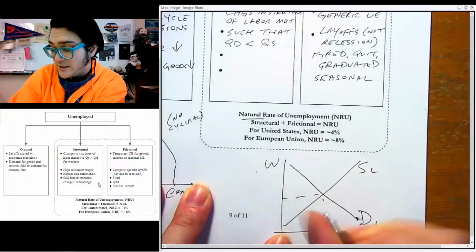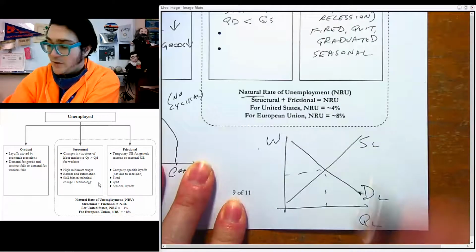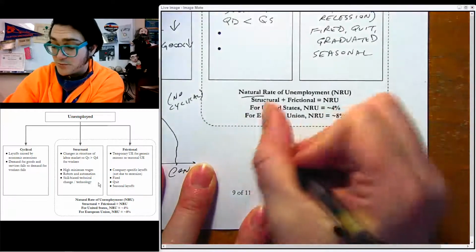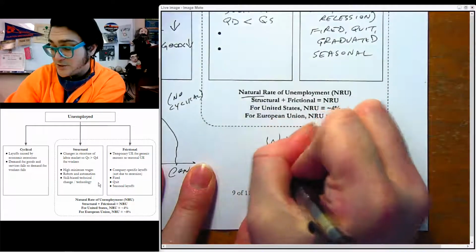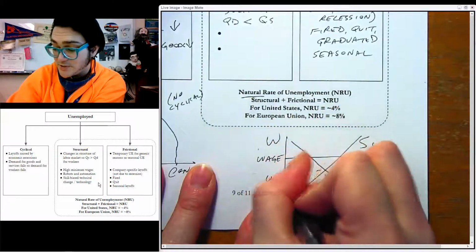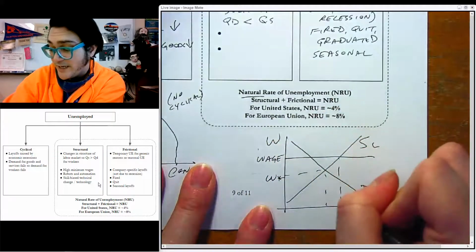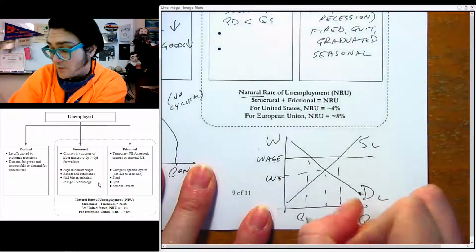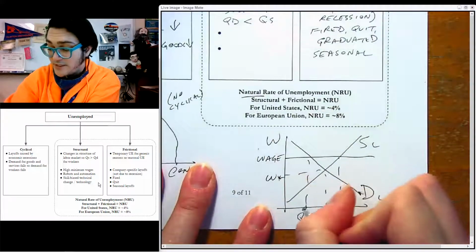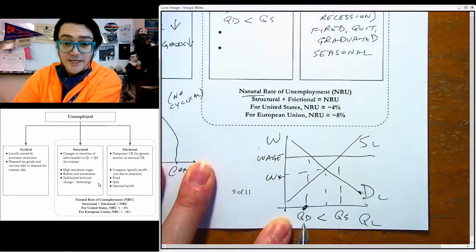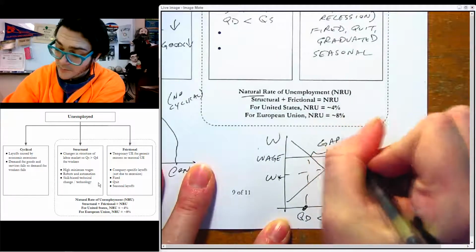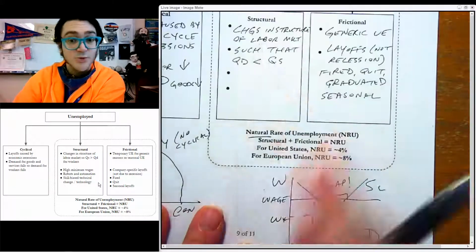Normally you would have an equilibrium here. But if there was a union contract that set the wage here as opposed to at the equilibrium, you would have a mismatch between the quantity supplied and the quantity demanded. The quantity demanded is how many actually get hired, and the gap is structural unemployment.